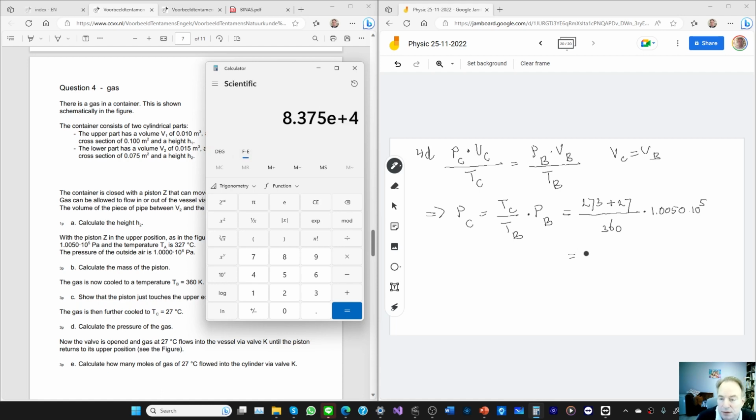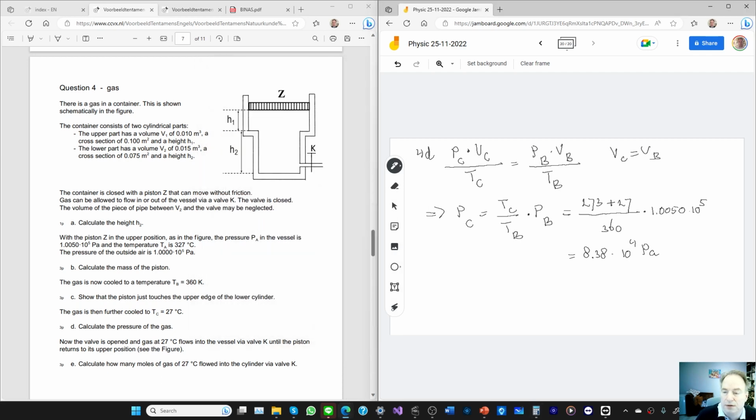So we get 8.38 times 10 to the power 4 Pascal. So it's reduced by quite a bit.